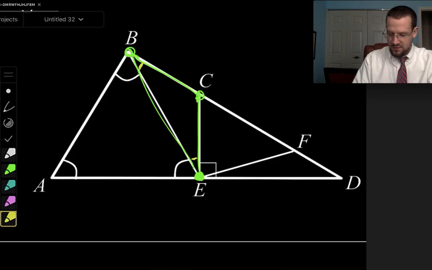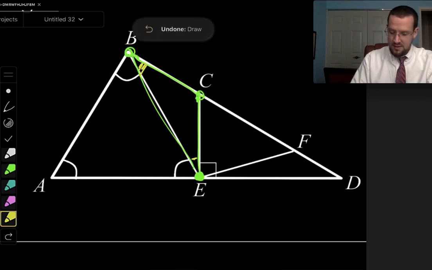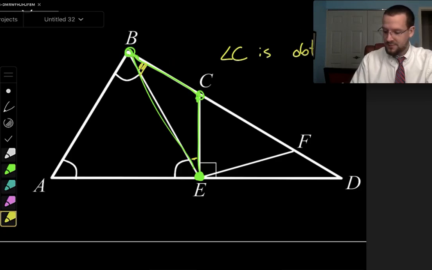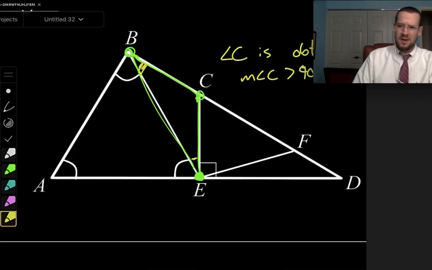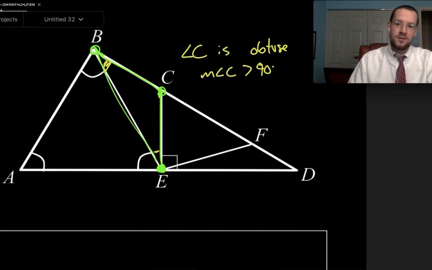Looks like we have another acute angle in here. So we have two acute angles. Do we have three acute angles? No. This angle here, angle C, is clearly obtuse, right? That means the measure of angle C is going to be greater than 90 degrees. Clearly that's greater than 90. I mean, come on, right? So yes, this is going to be an obtuse triangle. This is a greater than 90 angle. So yeah, that's what we have here.